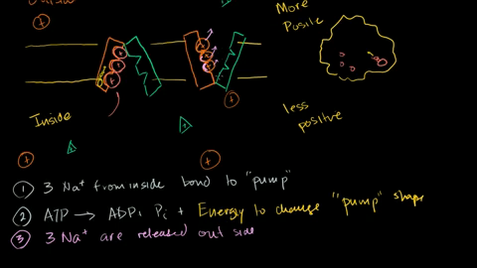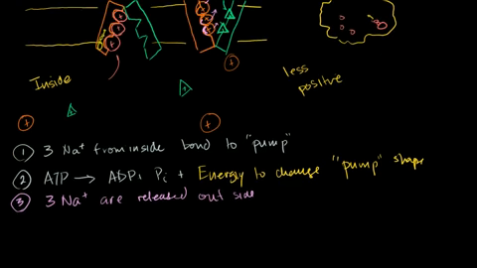Now, once it's in this configuration, we have all these positive ions out here. These positive ions want to get really as far away from each other as possible. They'll actually probably be attracted to the cell itself because the cell is less positive on the inside. So these positive ions, and in particular the potassium, can bond at this side of the protein when it's in this, I guess we could call it, activated configuration. So now, I guess we could call it step 4.